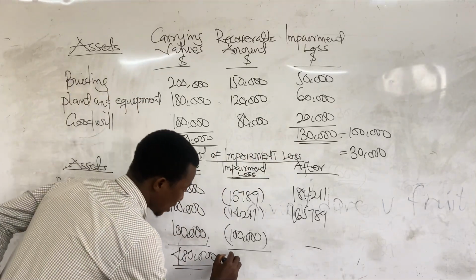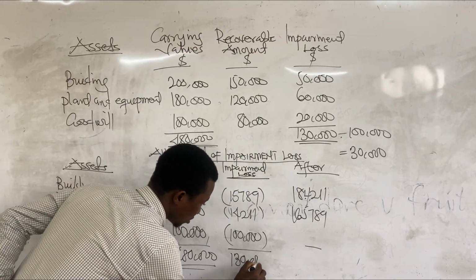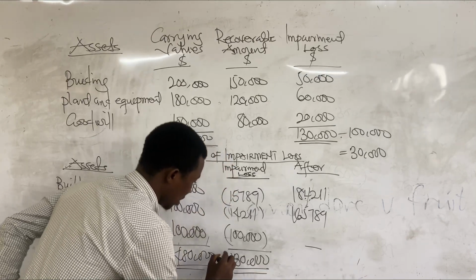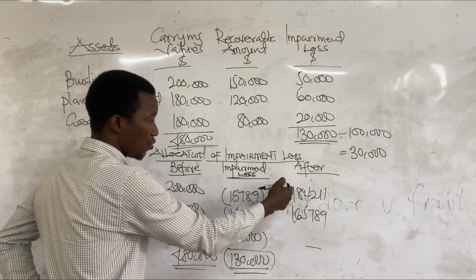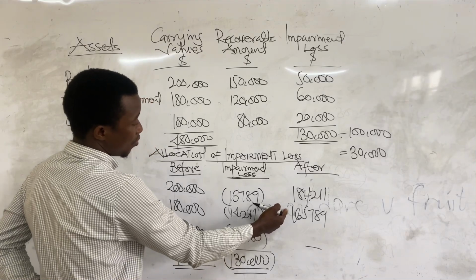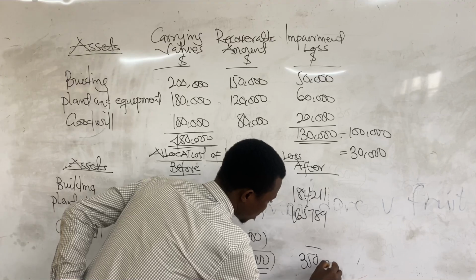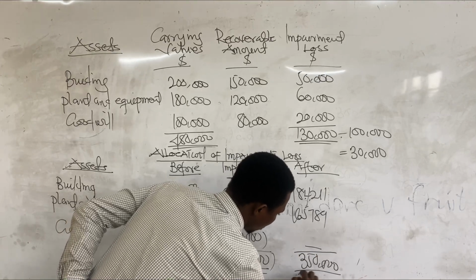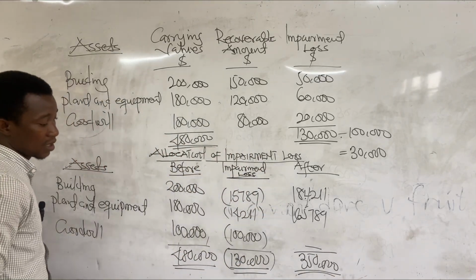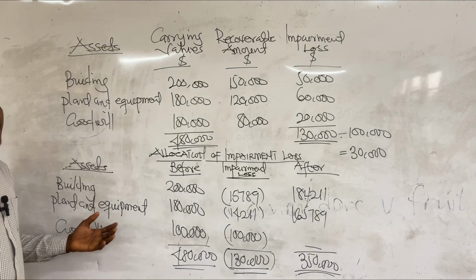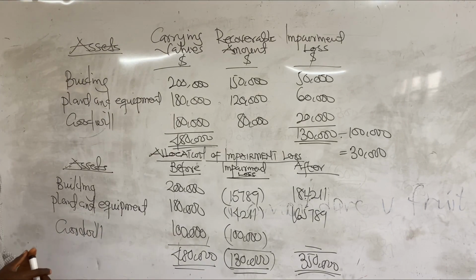That is 130,000. We are subtracting this from this, but when we add these two, we arrive at an amount of $350,000. That is where we subtract this from this. Is that okay? So basically, this is how we allocate an impairment loss to a cash generating unit.